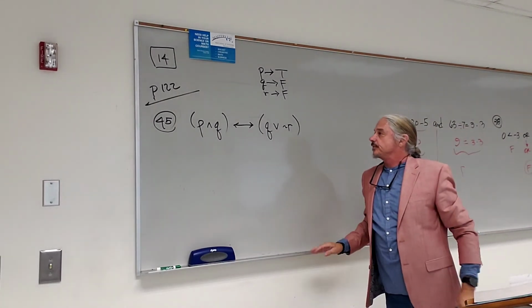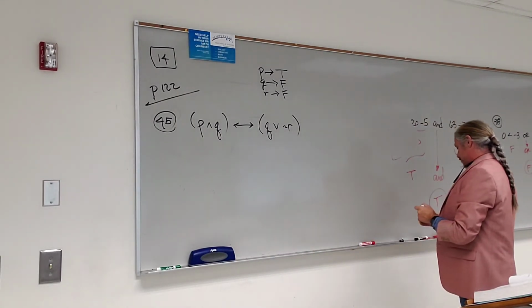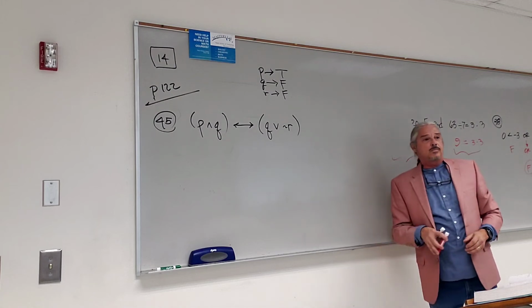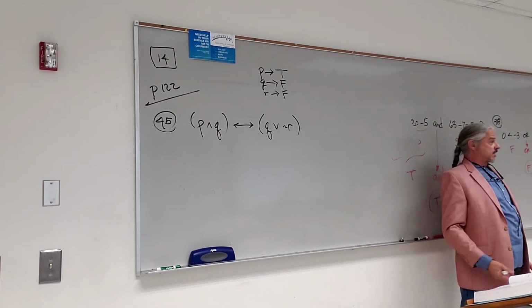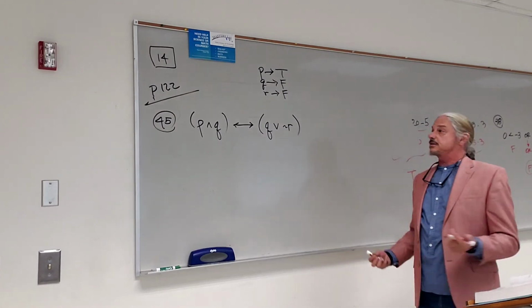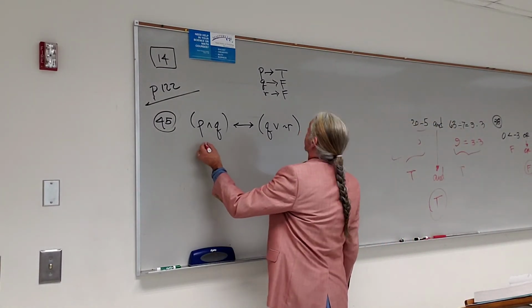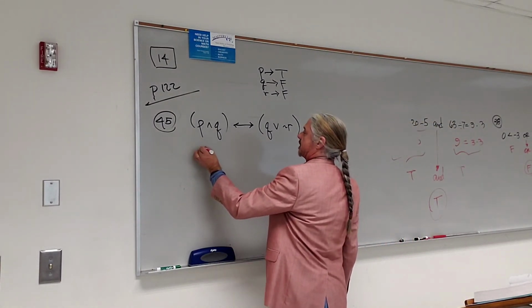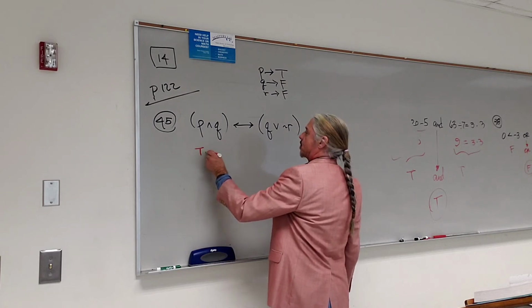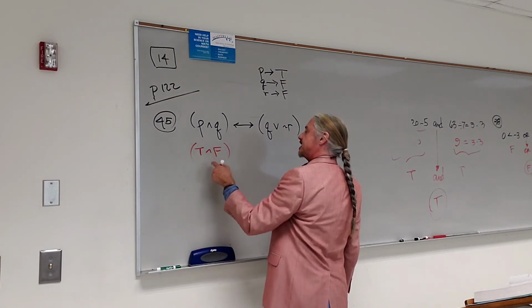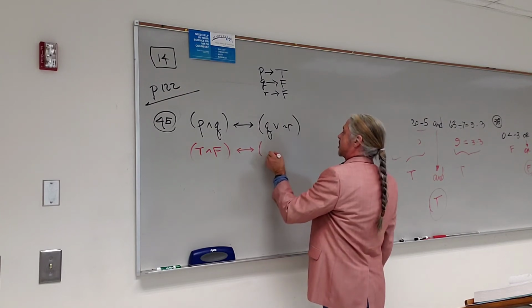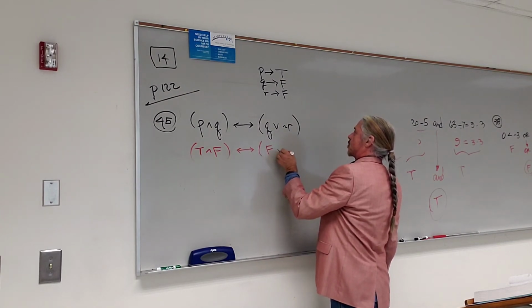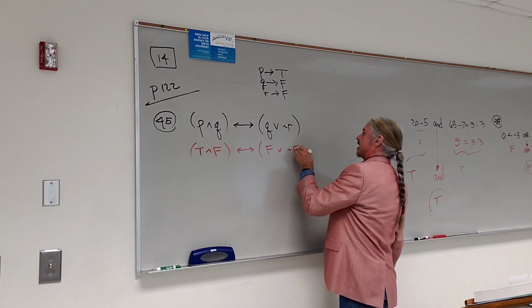So here we go. In red. First step. What's the first step? Fill it in, right? Fill in what you know with T's and F's. Easy stuff. So we got T or F... I'm sorry, T and F, if and only if F or not F. Did I get that right?